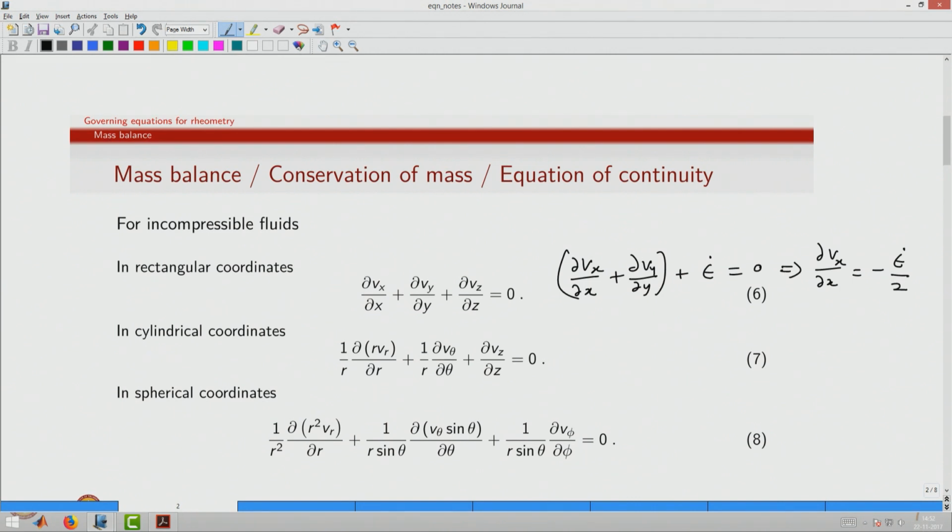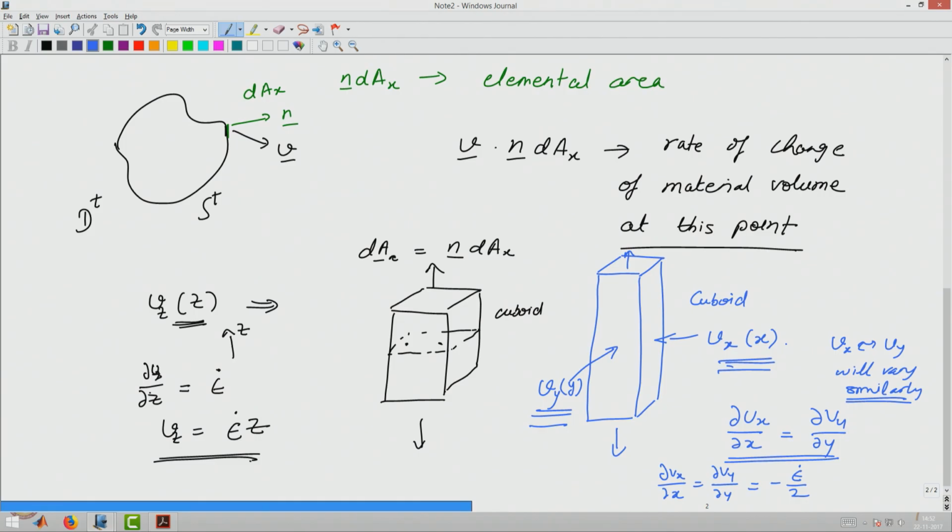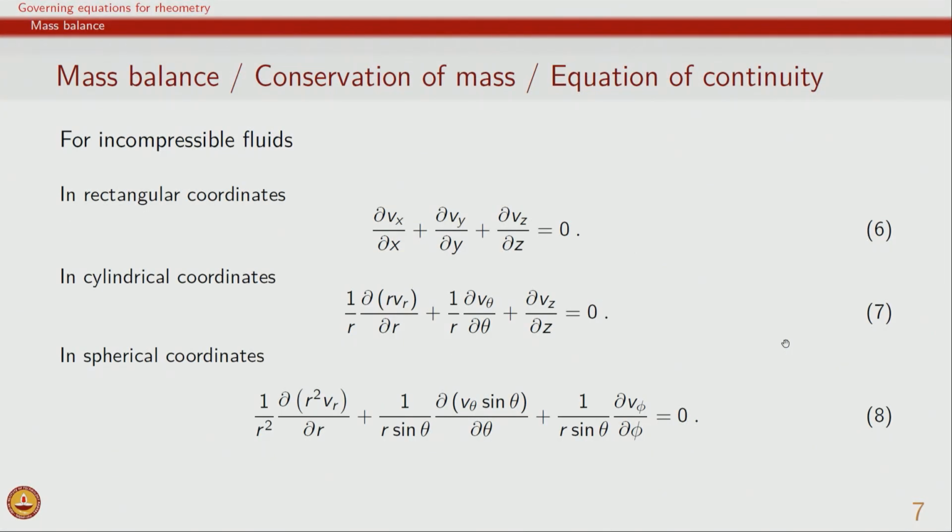So, if you look at the overall equation, this is epsilon 2 by 2 plus minus epsilon 2 by 2 plus epsilon dot, and therefore, this is identically equal to 0. So, we can see how the governing equation, the mass balance is useful in analyzing elongational flow in z direction.